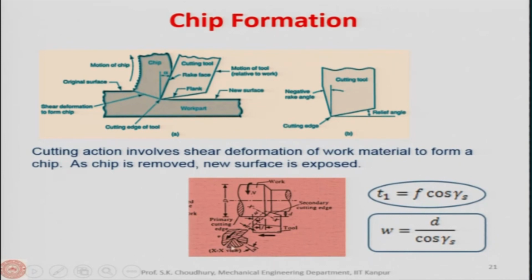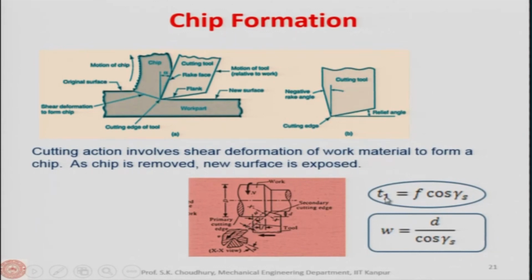And between the flank face and the already machined surface, this is the flank angle that has been shown to you earlier. So, this is basically the geometry of the cutting process, geometry of chip formation, and T1 is the perpendicular distance between these two lines.